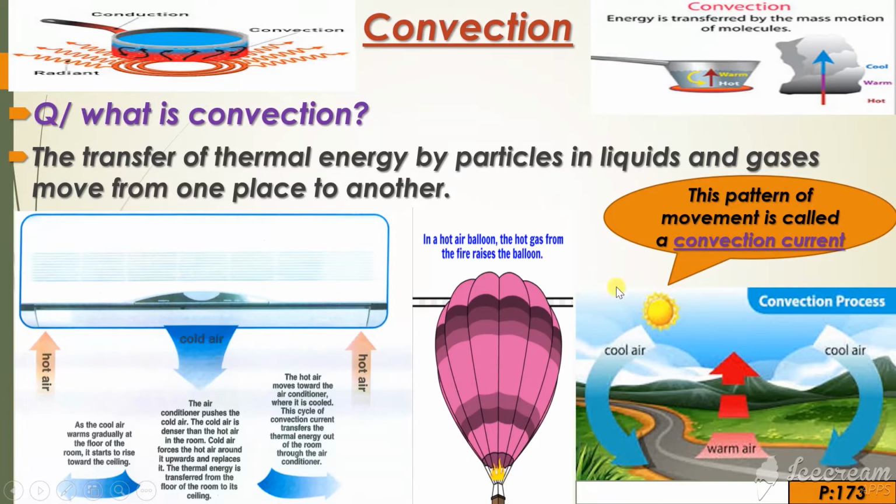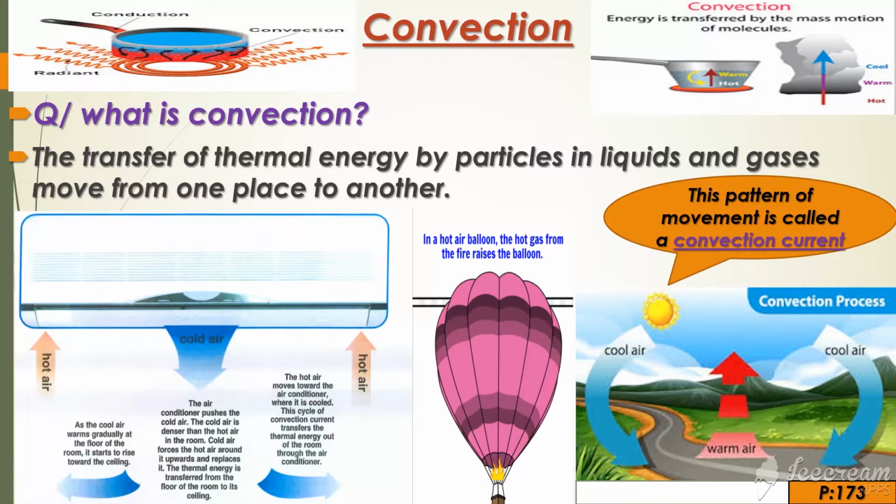In a hot air balloon, the hot gas comes from the fire. My students, I will talk about the convection process, or convection current. As the hot air or warm air is forced up, it warms the air around it.